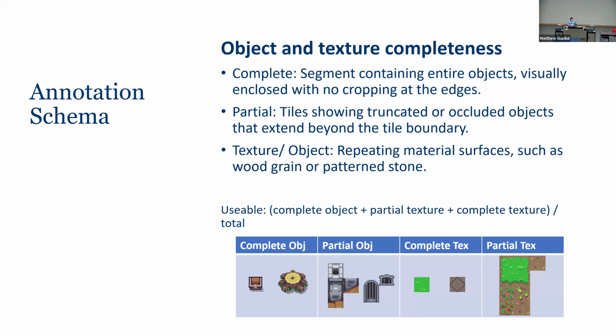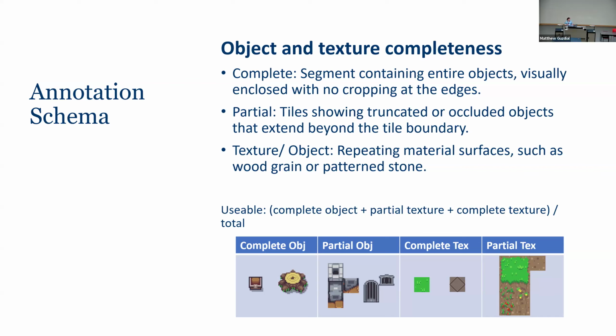Other images are partial objects, where the object is cut off or continues beyond the boundary. And finally, some tiles are textures, like grass or wood patterns, where the whole tile is just a repeating surface.